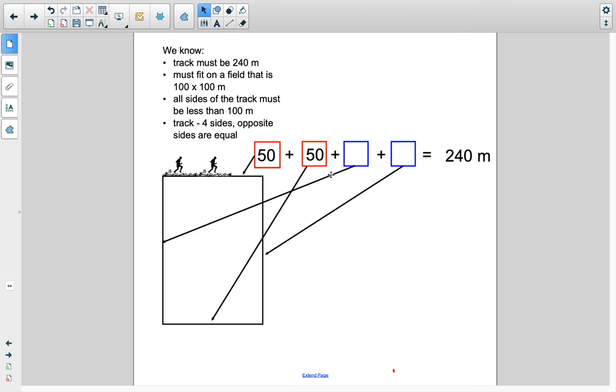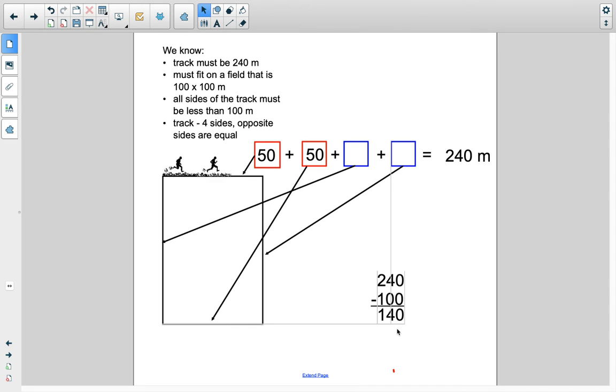Now, I know that 50 plus 50 equals 100, which means if I have to get to 240, and I've used up 100, I can just subtract 100 from 240, and that's going to give me what I have left over. So these 2 boxes have got to be whatever I have left over. 100 from 240 is a pretty easy subtraction. It's going to be 140.